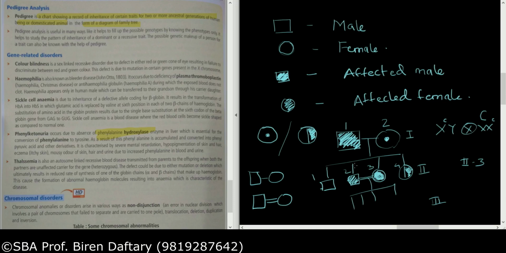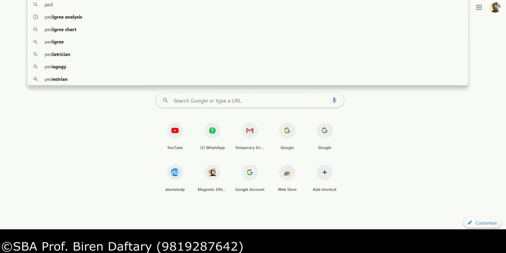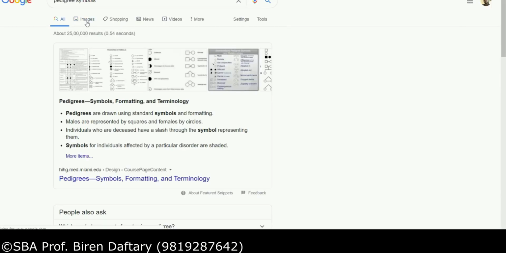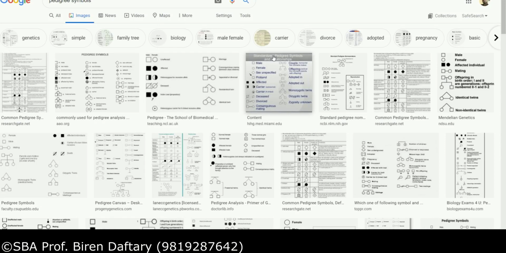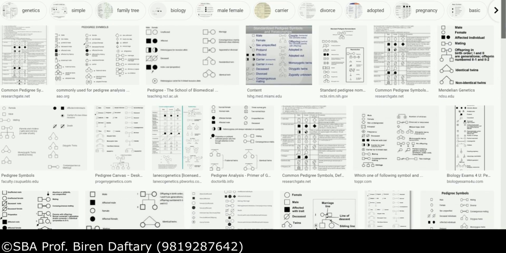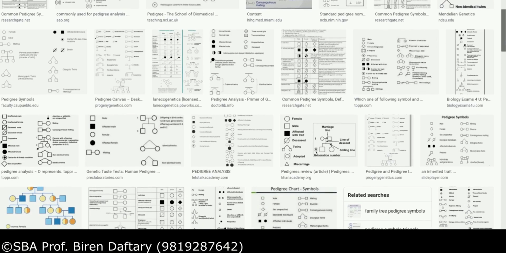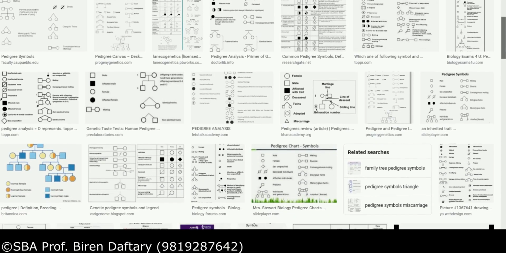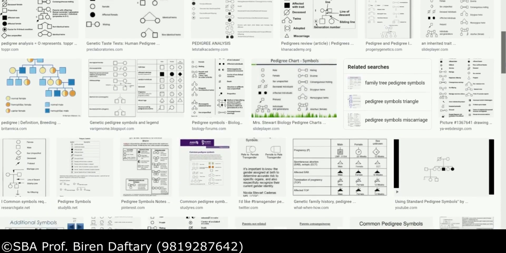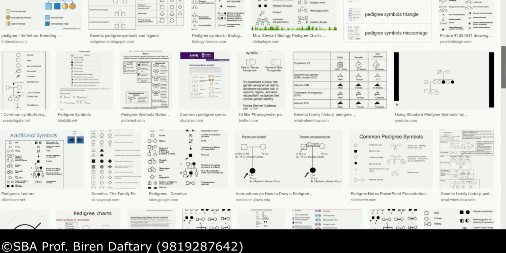Okay, and if you want, I can show you an entire list of pedigree analysis symbols. I will just search over here, and you can see the symbols which are shown. Because there are many different symbols given over here.